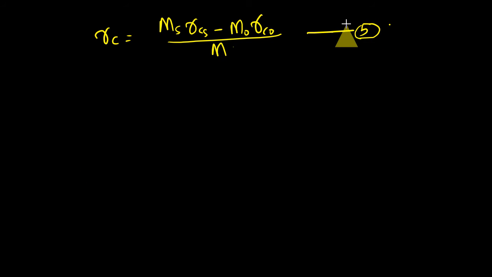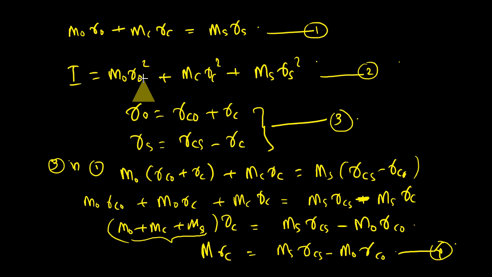Now I go for the equation for the moment of inertia. The moment of inertia equation is I is equal to MO RO square plus MC RC square plus MS RS square. In this equation, I am going to substitute for RO and RS from equation number 3. So let me substitute 3 in 2.